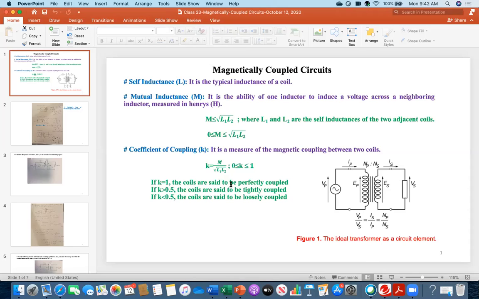So there are three terms: perfectly coupled, tightly coupled, loosely coupled. I mean, is it perfect bonding, tight bonding, or loose bonding, a loose connection? That is the meaning. I think these things will help you to do one of your labs, lab number 6 probably, or lab number 7, on magnetically coupled circuits.